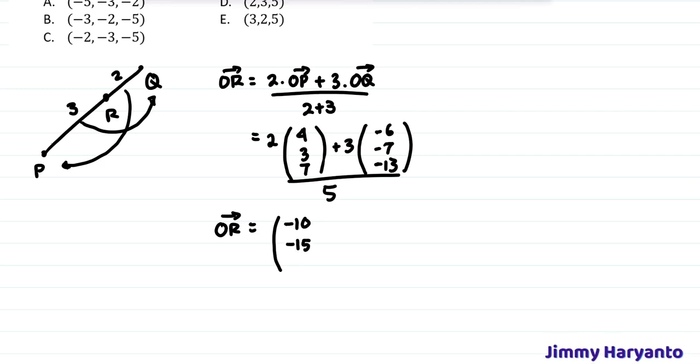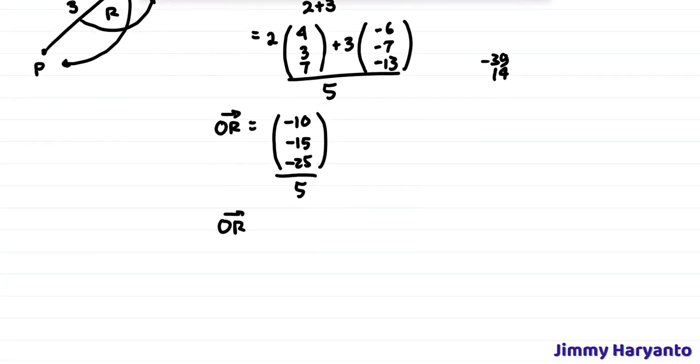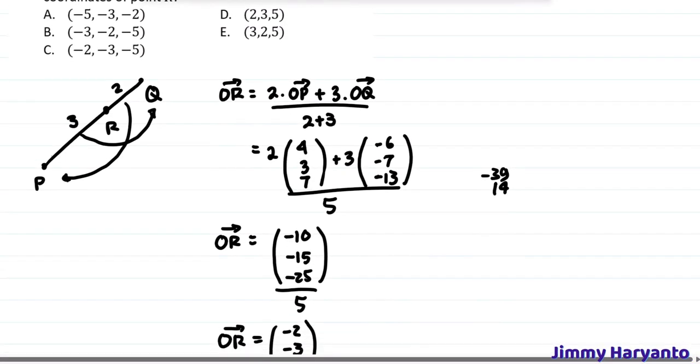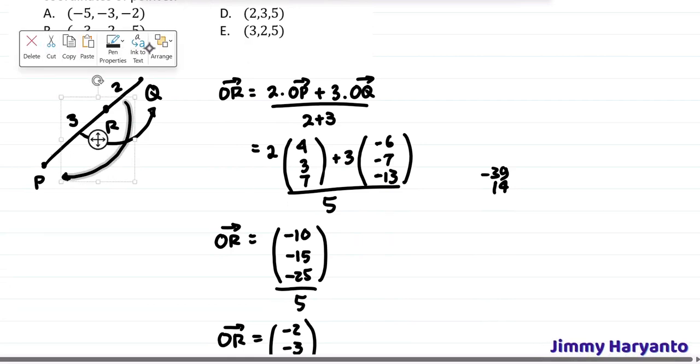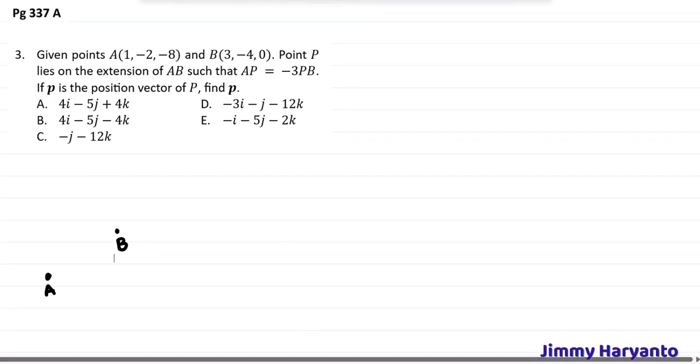The third is negative 39 plus 14, negative 25, divided by 5. So you'll have OR equals (negative 2, negative 3, negative 5). Negative 2, negative 3, and negative 5. C.